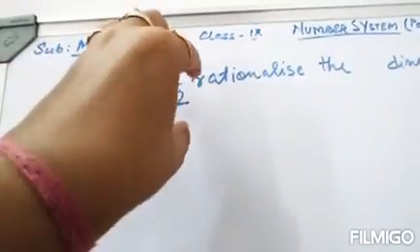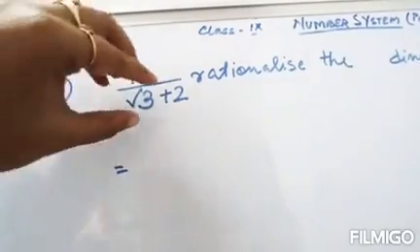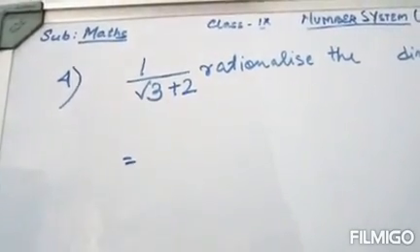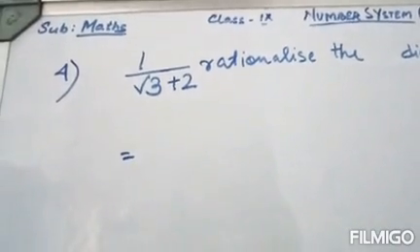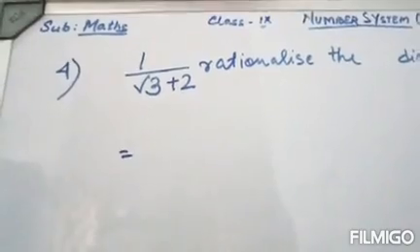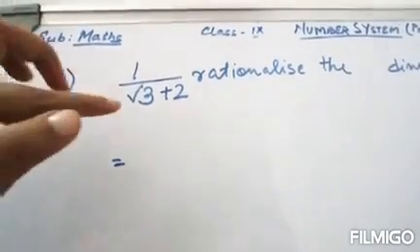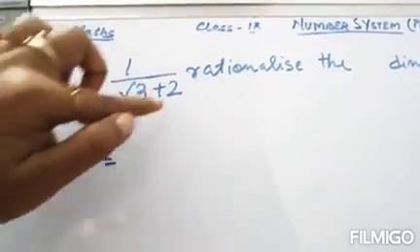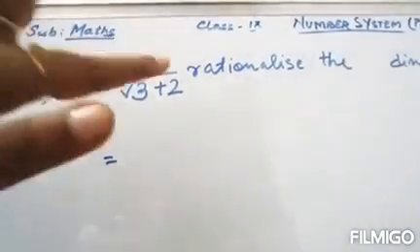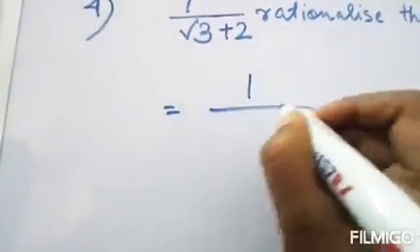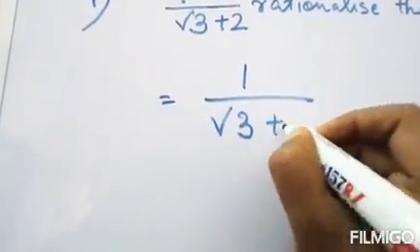Now this total is a number, it is not only root 3. So to change this, again we will apply the same trick that we did in the last problem. I'll try to bring such a number that this will change into a rational number. So I'll write 1 by root 3 plus 2.